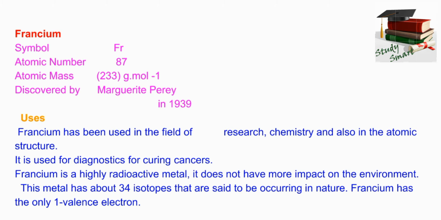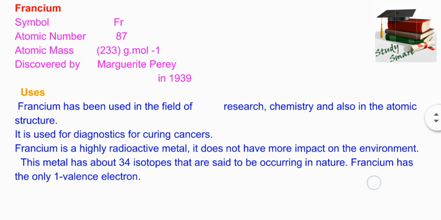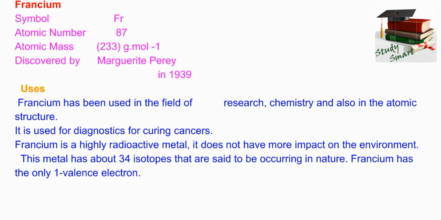Uses: francium has been used in the field of research, chemistry and also in atomic structure. It is used for diagnosis and curing cancer. About 34 isotopes are said to occur in nature. Francium has one valence electron only.